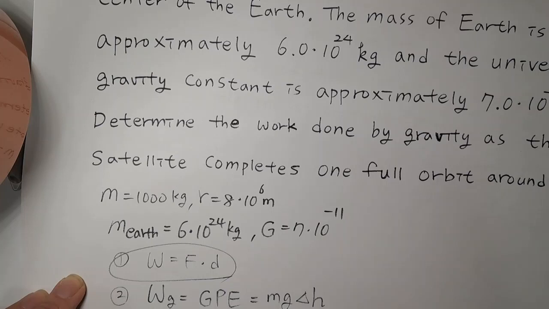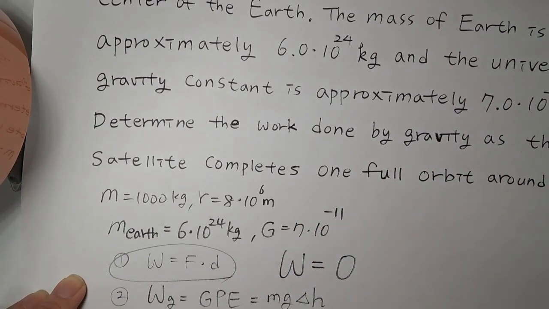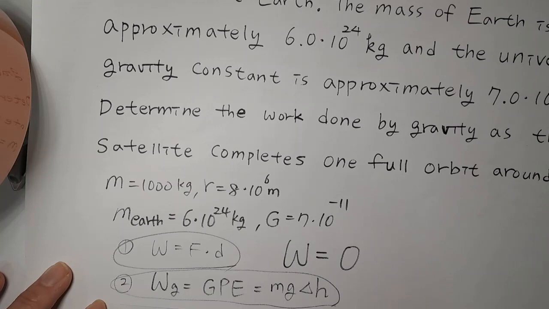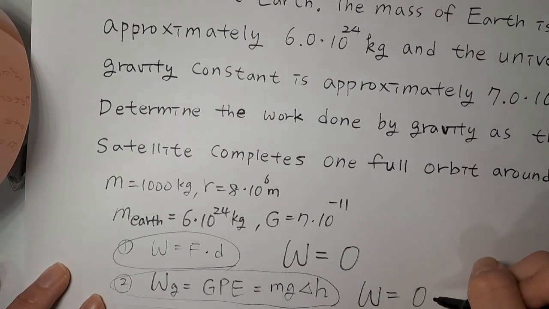In uniform circular motion, such as circular orbits, force and displacement are perpendicular. Perpendicular forces do no work, so work is going to be 0. By using the energy and work method, the work of gravity requires a change in height. In a uniform circular orbit, the height above Earth's surface is constant, so work is going to be 0.